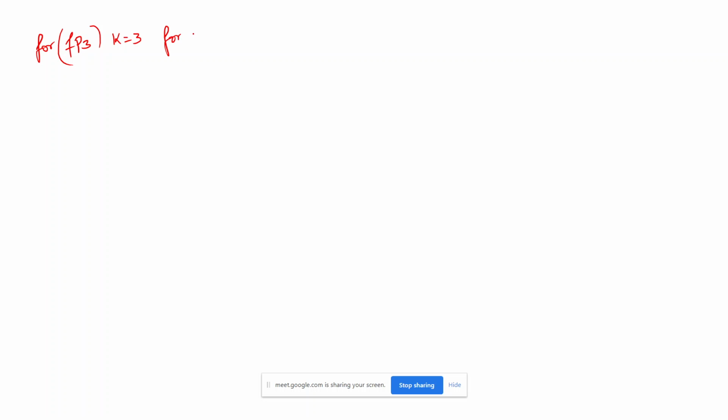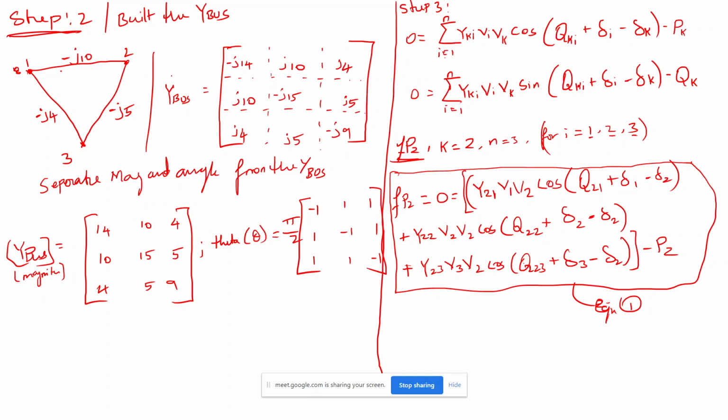And for I is equal to 1, 2, 3, right? So this we are going to solve. I hope you have written this equation in the note. So directly I am writing it, you need to write down this equation. I hope the pointer is visible to you, right? In step 3 you can see the pointer, so same pointer.